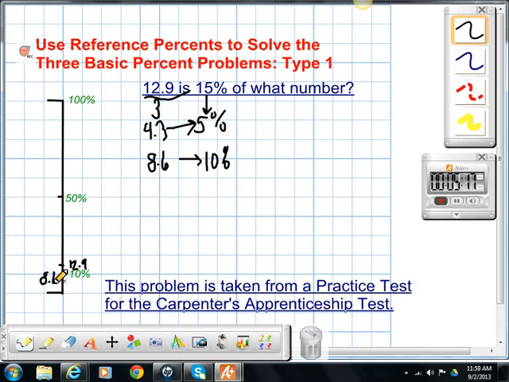And now that I know 8.6, I know 100% or the whole number. What is our number? 86. And we have solved our problem. 12 and 9/10 is 15% of what number? Our number is 86.